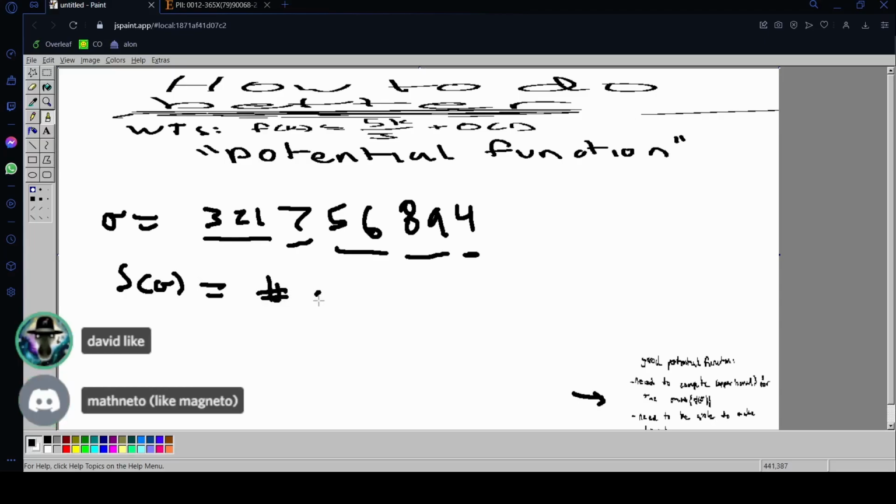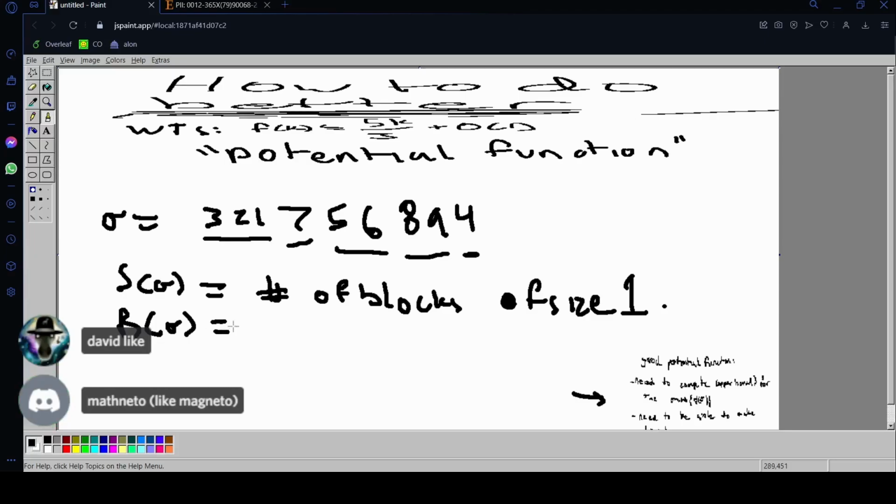The number of blocks of size 1. And then the big blocks is the number of blocks of size greater than 1.